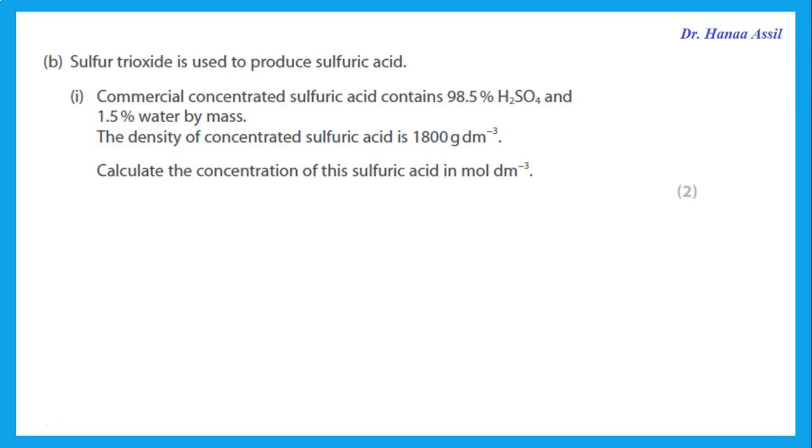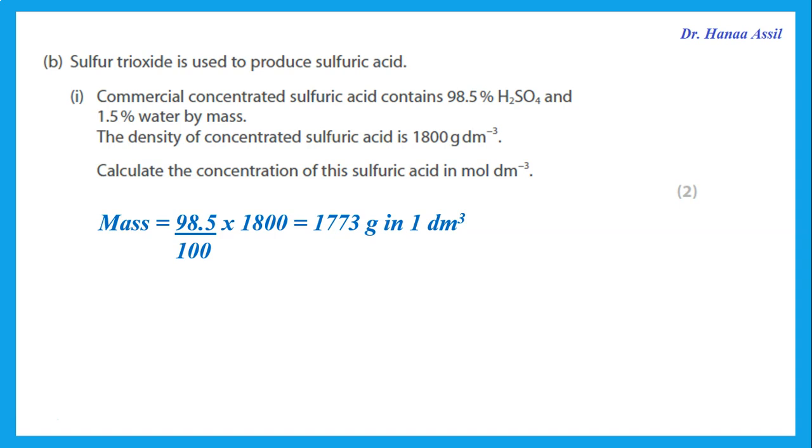So the density in 1 decimeter cubed is 1800 grams. But we're saying that our solution has 98.5% of that. So our sulfuric acid solution has 98.5% of the 1800. So that gives this mass in 1 decimeter cubed.